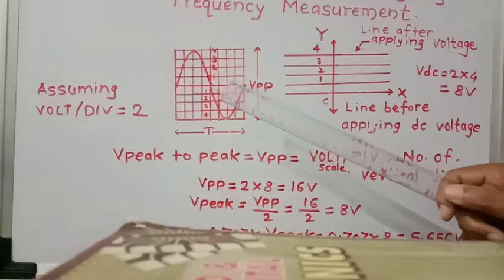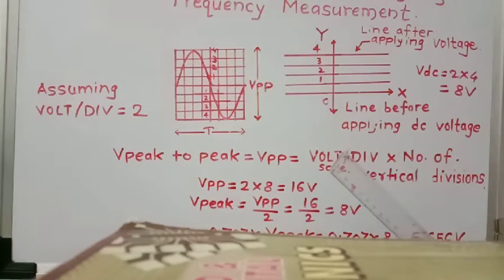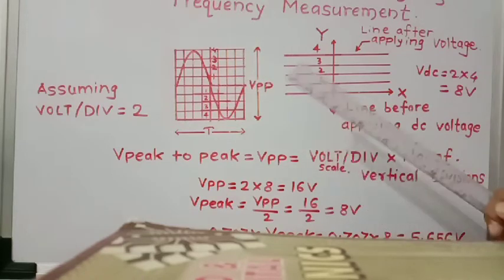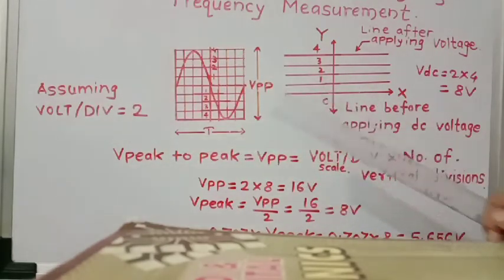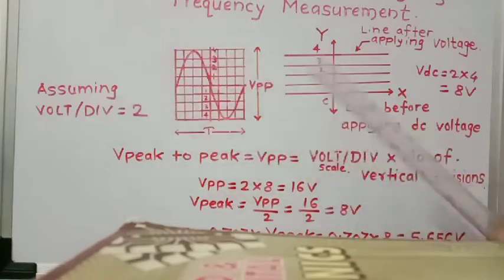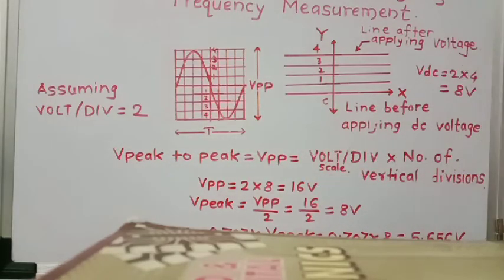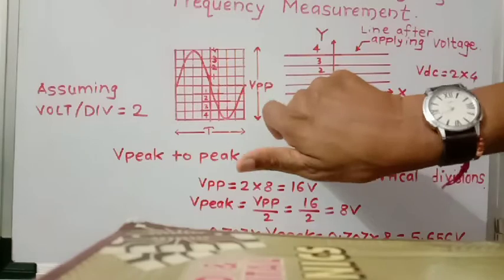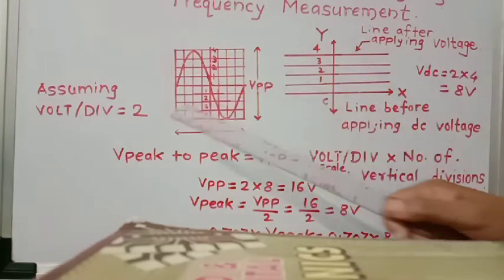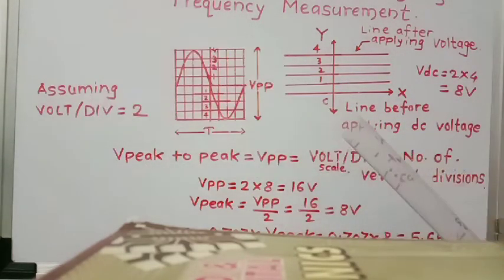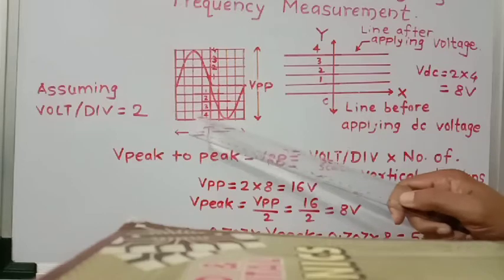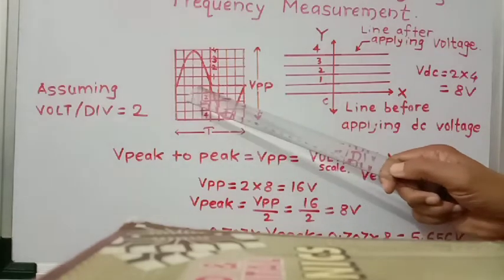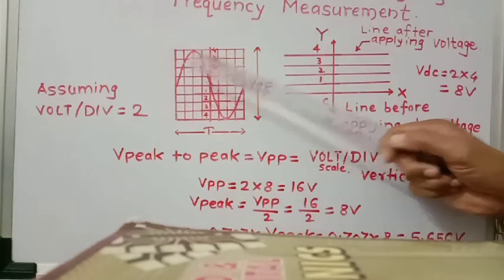the volts per division knob is properly adjusted, and suppose this knob is set to 2 volt per division. If it is set on 2 volt per division, then see here there are total 8 divisions, 1, 2, 3, 4, 5, 6, 7 and 8.